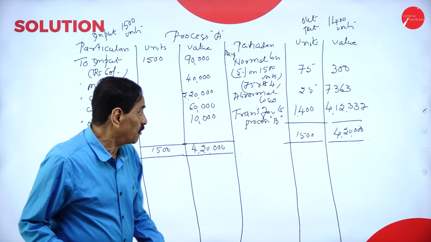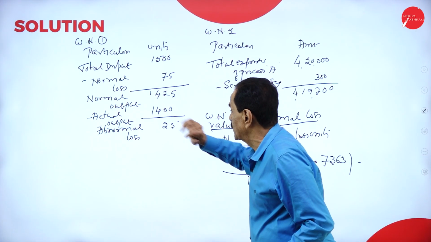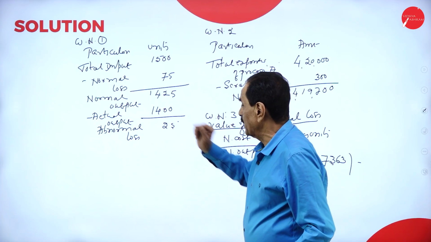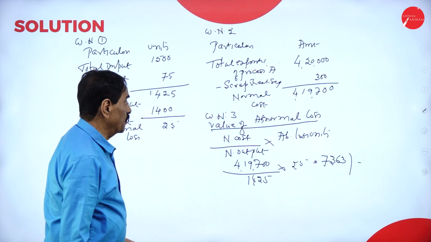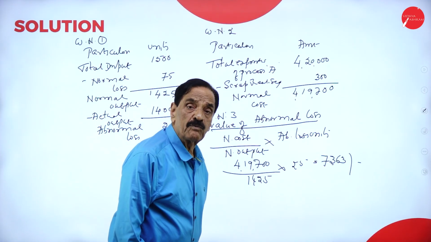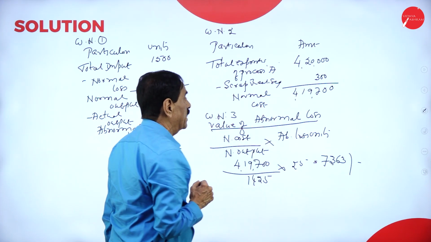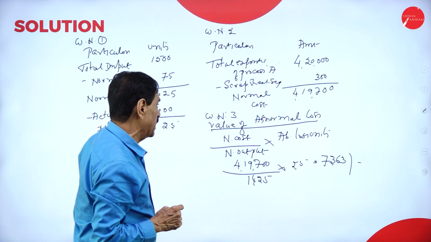Then according to the working note, 1,500 minus normal loss of 75, the balance is 1,425. What's your actual output? 1,400. So 25 is the abnormal loss unit. The total expenditure is 4,20,000. How much scrap realized? 300. Your normal cost becomes 4,19,700.